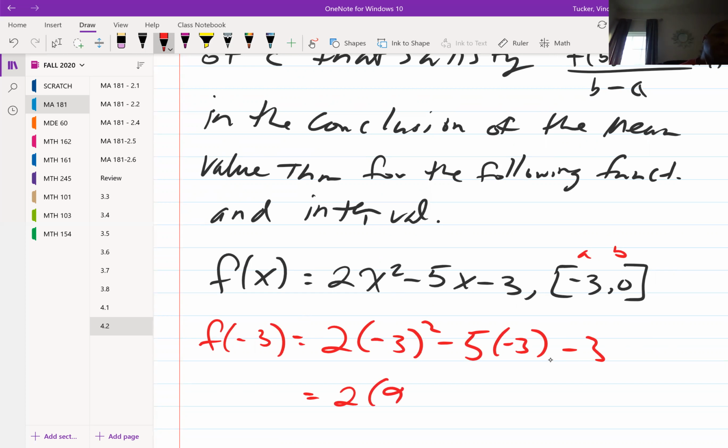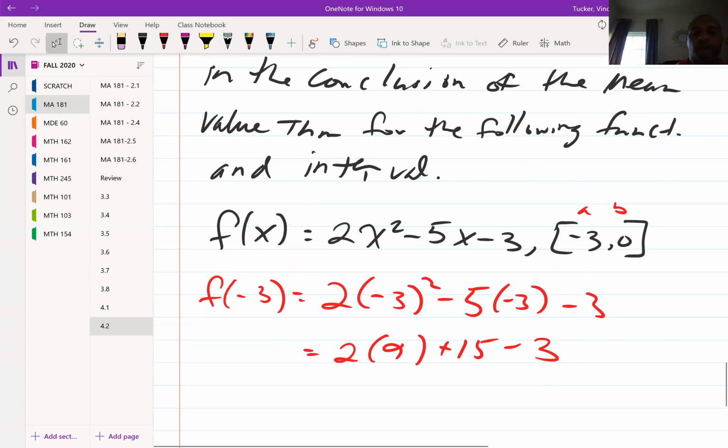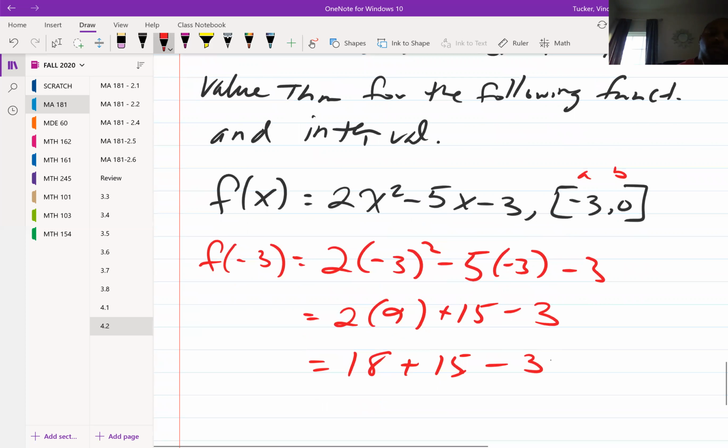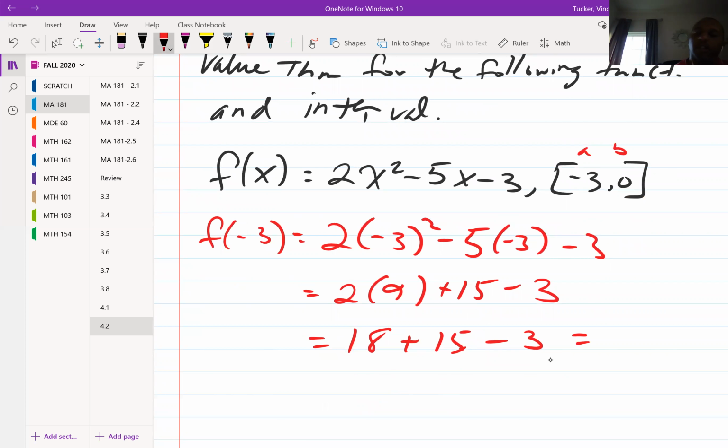So it's 2 times 9 plus 15 minus 3. 18 plus 15 minus 3. Add those together. Should get 30.